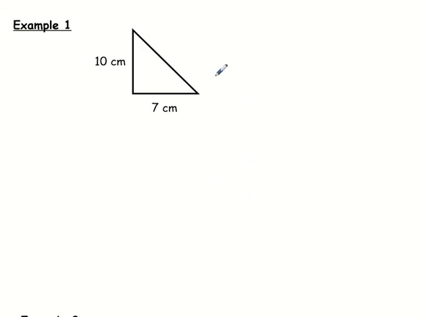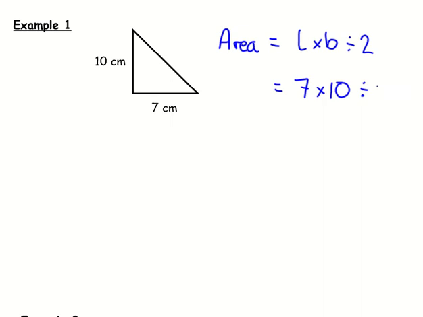First example, we're looking for the area of this triangle here. As always, we start off with the formula. So area, or A if you like, is equal to length times breadth divided by 2, because it's a triangle. Here, length of 7, breadth of 10, breadth or height or width, whatever you want to call it, but 7 times 10, then we're going to divide that by 2 once we get that answer.